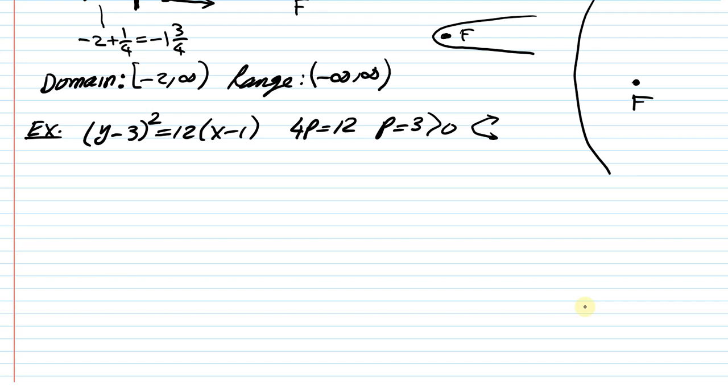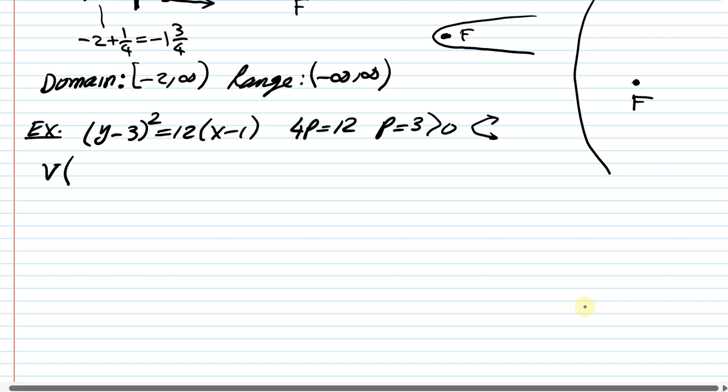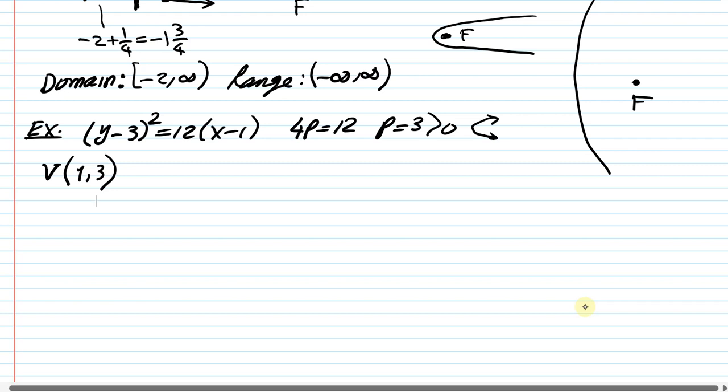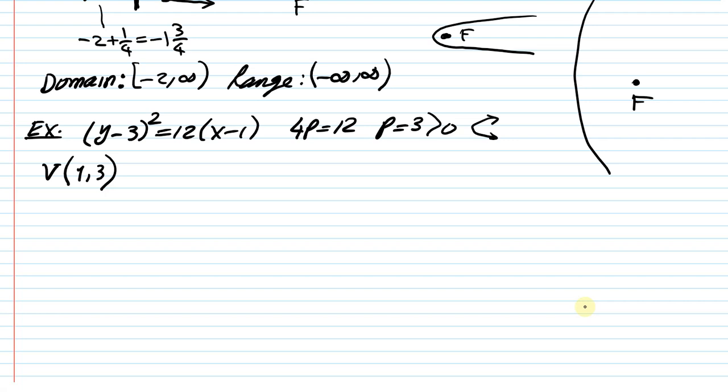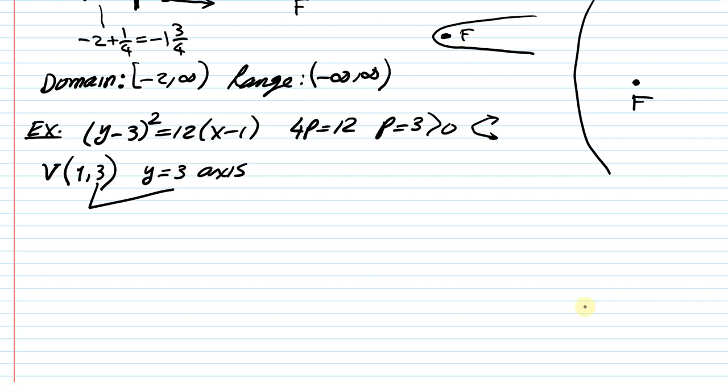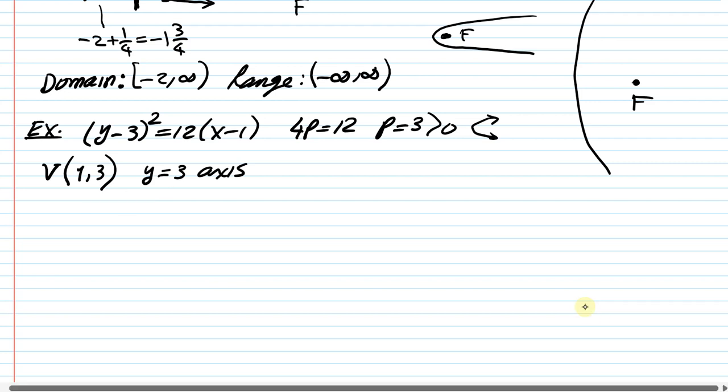What else do I need? I need a vertex. We're given the HK form, so vertex is at 1, 3. That's good. And the axis of symmetry is going to be, because it's horizontal, y equal 3. That is the axis. K in general, y equal K is the equation.